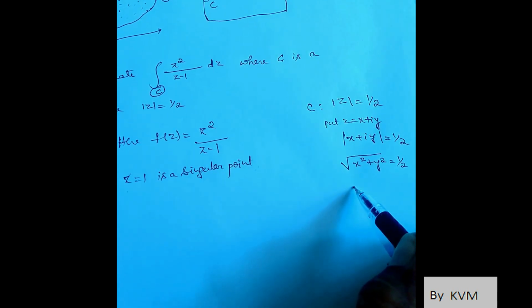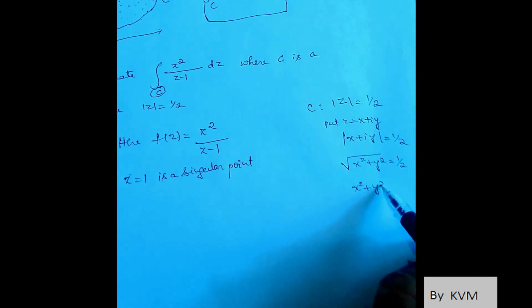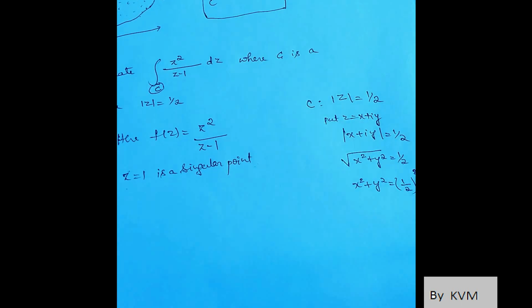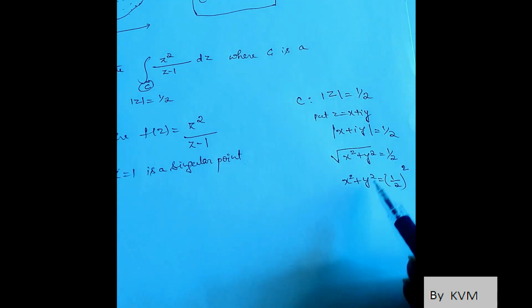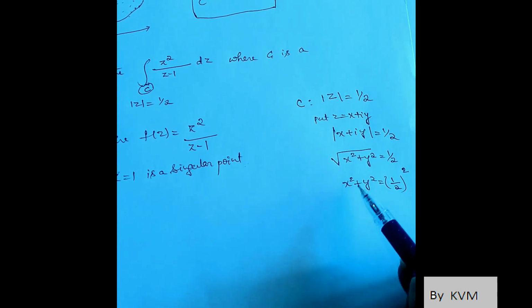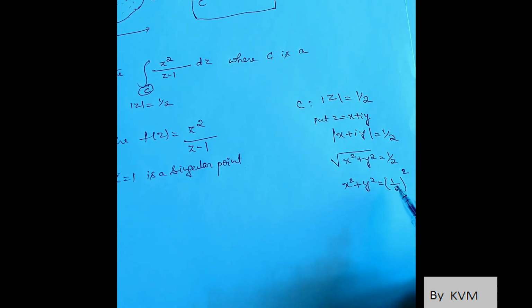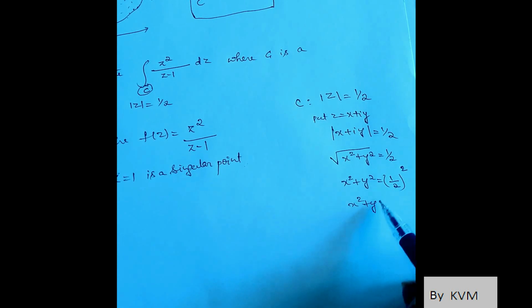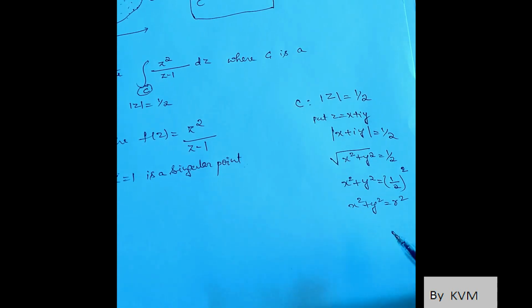Removing the square root, x square plus y square equals 1 by 2 whole square. What does this equation represent? This equation represents a circle with center at the origin, that is 0, 0, and radius 1 by 2. It is in the form x square plus y square equals r square.